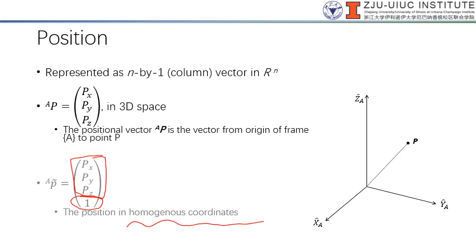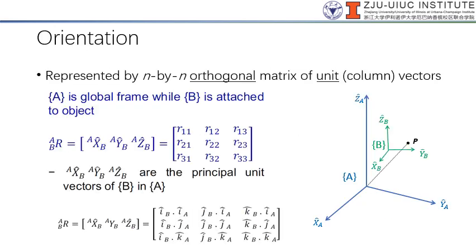So in 3D space, you're going to have 3 variables, but in this case, you're going to add in a 1 at the bottom. Instead of a 3 by 1 vector, you're going to look at a 4 by 1 positional vector if you express it in your homogeneous coordinates.